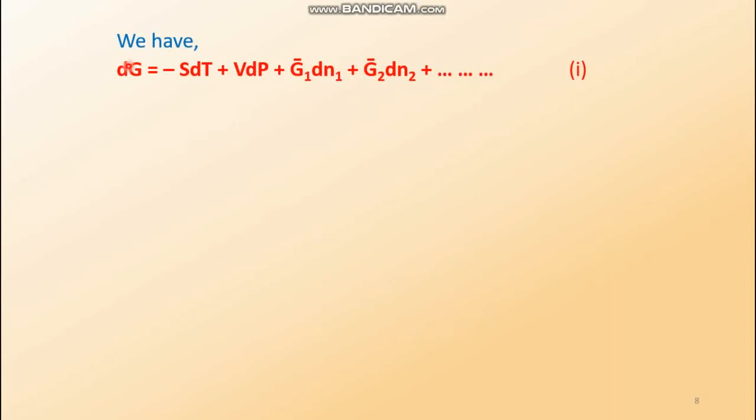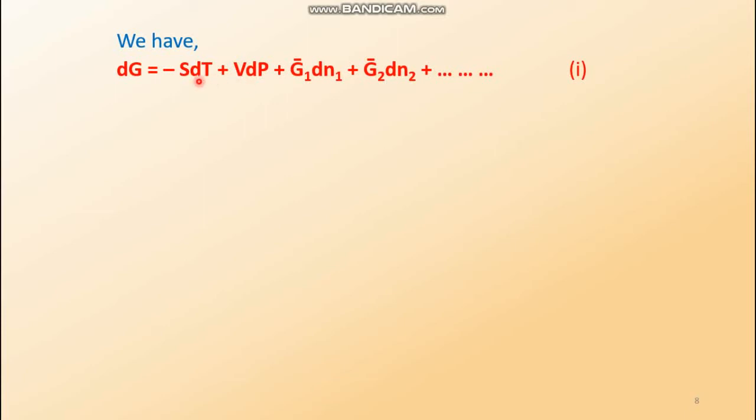So we have the expression of dx. Instead of x we have written here g. So del g by del t is actually minus s, so here minus s is written and it is multiplied with dt. Similarly, del g by del p is actually plus v.